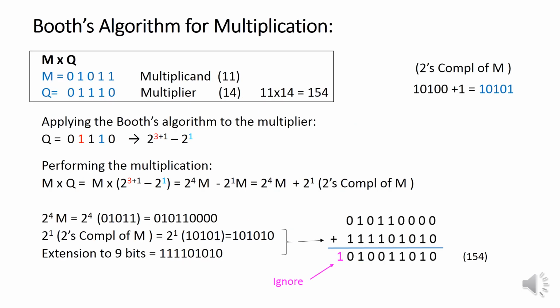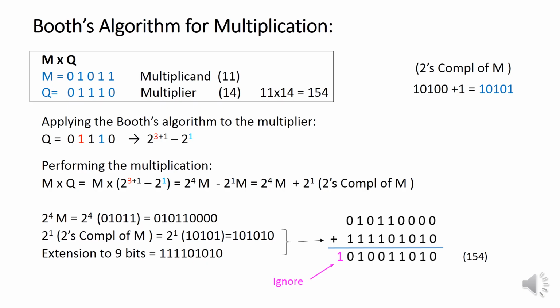Now, let's go a step forward and apply this Booth algorithm to a binary multiplication. For example, the multiplication of m times q, where the multiplicand is 0, 1, 0, 1, 1, and the multiplier is 0, 1, 1, 1, 0.